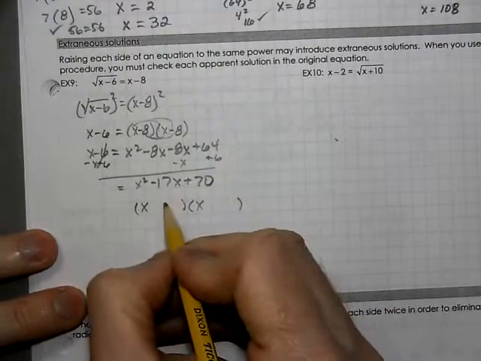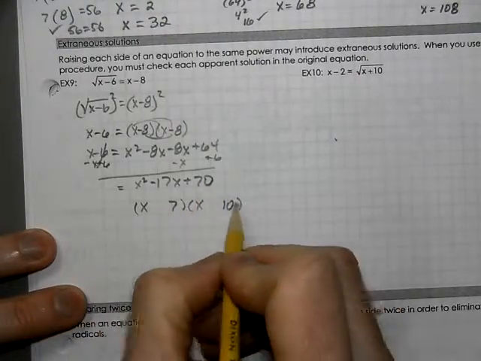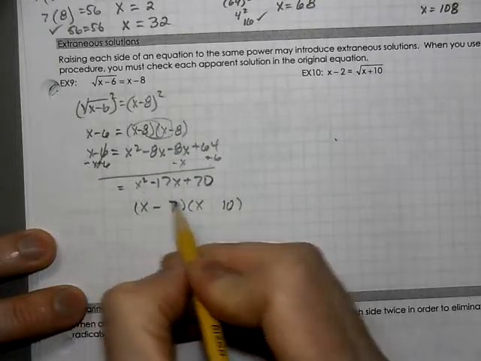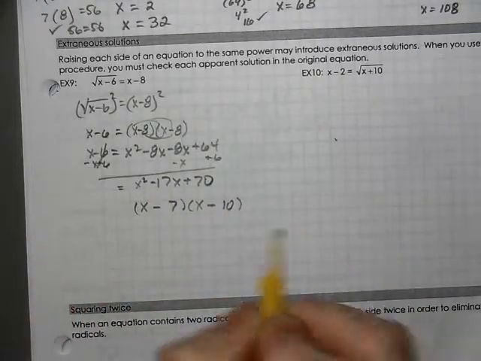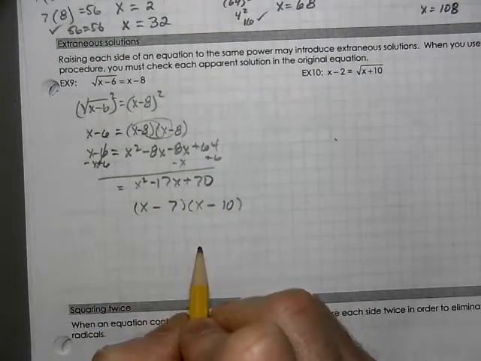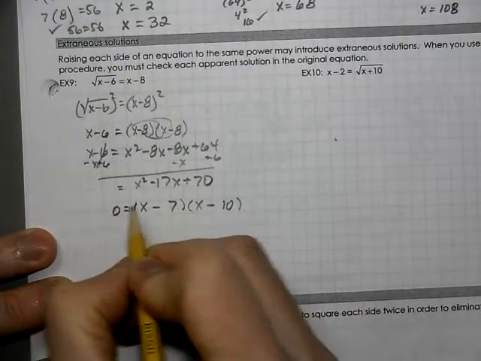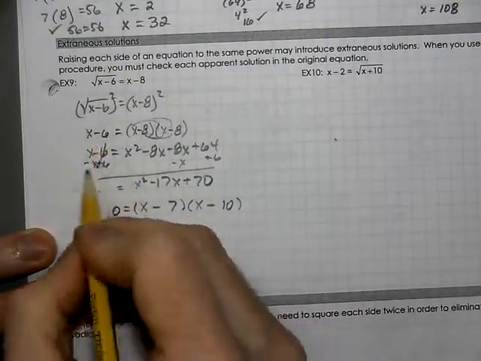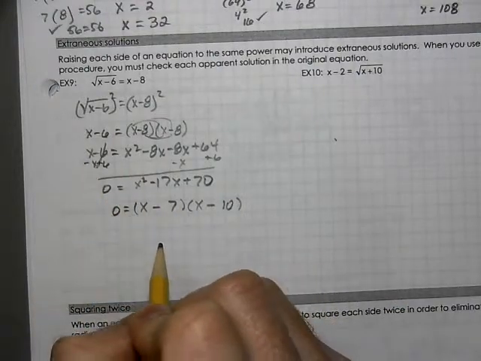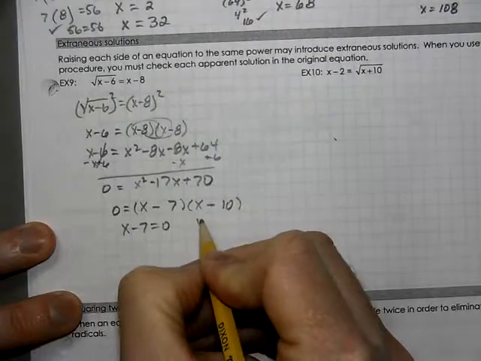But if you think about your numbers, you're going to get 7 and 10. That multiplies to be 70 and adds to be 17. We want it to be a negative 17, so these both have to be negative. They would multiply to be a positive. They would add to be a negative. Because we cross everything out, we need this to be equal to 0. That's why we brought everything over to the same side. So now we're going to do our zero product property again.